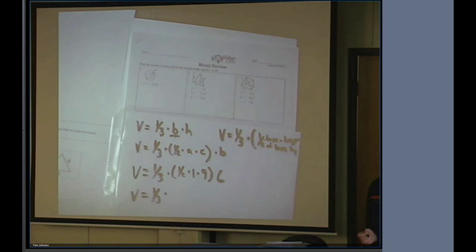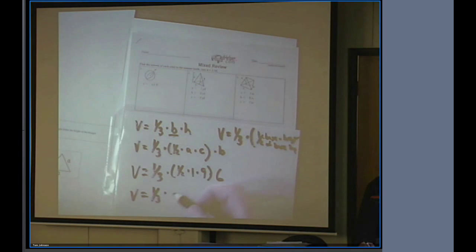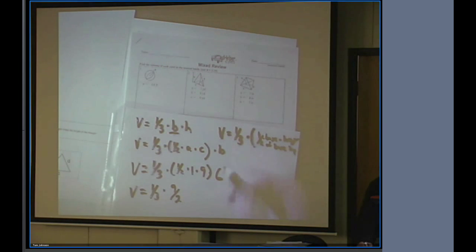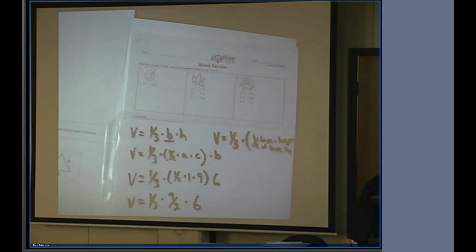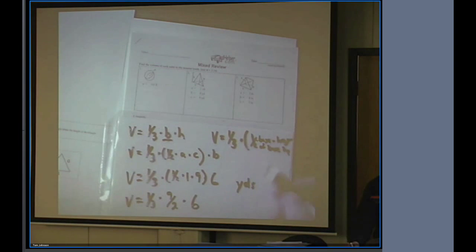Just 1/2. What's 1/2 times 9? Okay, 4.5. Or 9/2. I'll just keep it in fraction form just because I like to keep it consistent. And then that's times 6, right? By the way, what have I left off on all of these? It's going to be cubed, right? Because we're looking for volume.